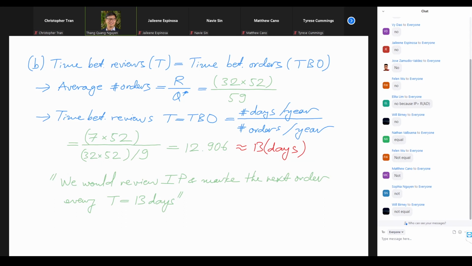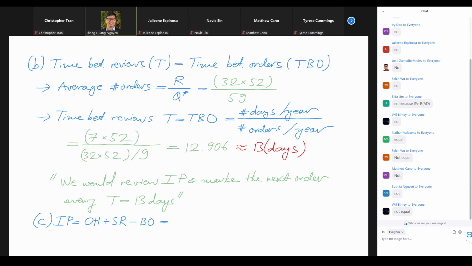All right, so now we already have the time between reviews, and what we are doing next is the following. By the way, the next part is easy. In part C, we need to calculate the IP, right? So IP, again, is just how many milk jugs on hand plus how many milk jugs that will be delivered today, and then minus the back orders.